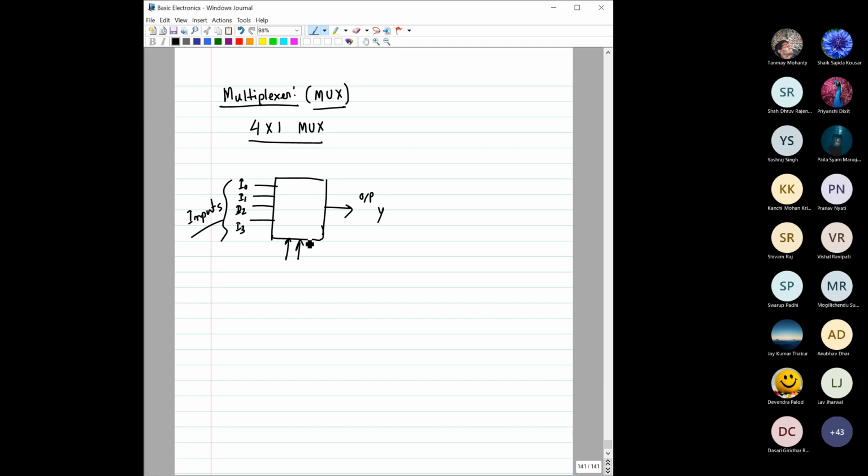How many selection lines would there be? 2. Very good. So 2 selection lines would be there, and this is a 4 cross 1 MUX. You can see it here; this is basically a block diagram.